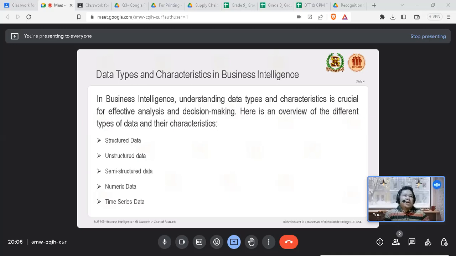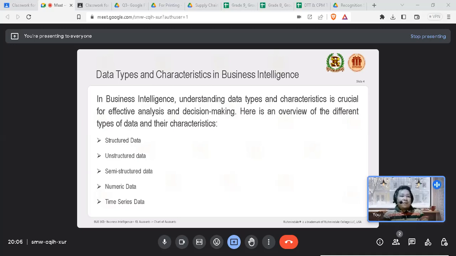Okay, so data schema and model: structured data adheres to a predefined schema that defines the structure, relationships, and constraints of the data. This schema is typically represented using a database management system, or DBMS, such as relational databases.